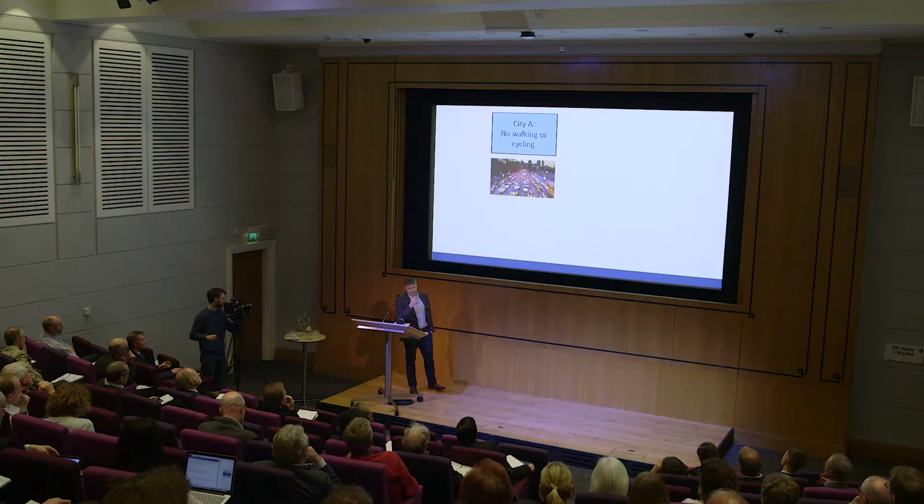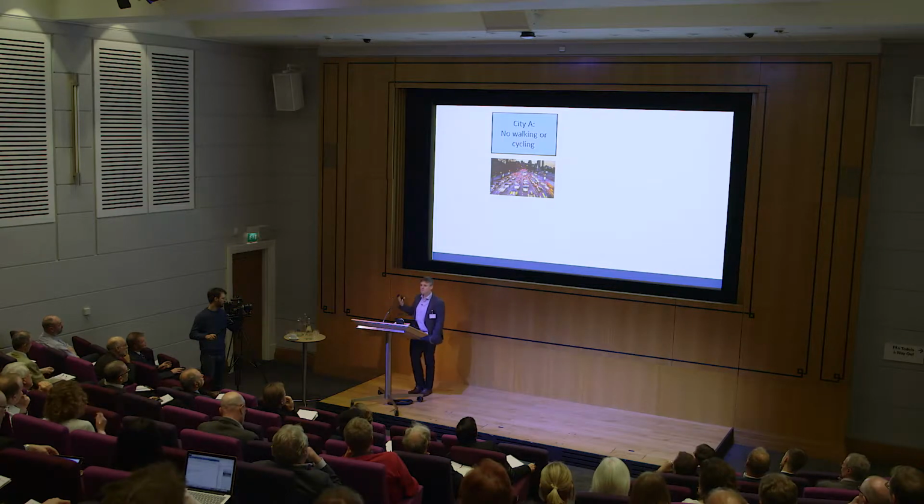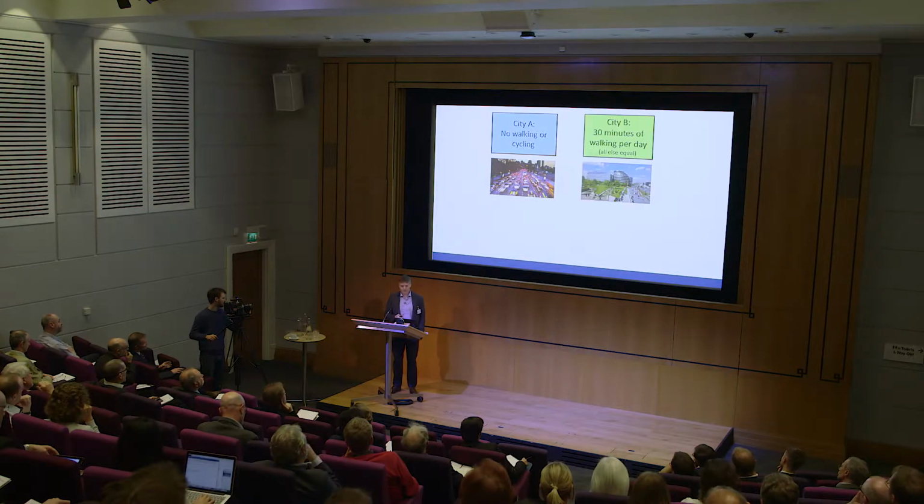Next question that you need to know if you're going to do this is, how good is walking and cycling for your population? And this is how we do it. We take an imaginary city or imaginary population, imaginary group of people where there's no walking or cycling taking place. That's city A, we shall call it.